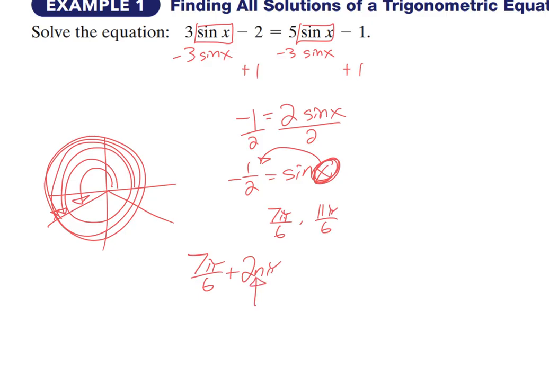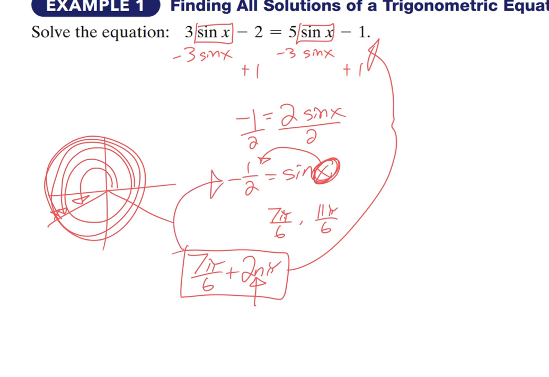So if I choose 7 as an integer and I calculate this value, it will be a solution to the original equation. Then 11 pi/6 plus 2n pi. We have two solutions here, and that's how we write them.